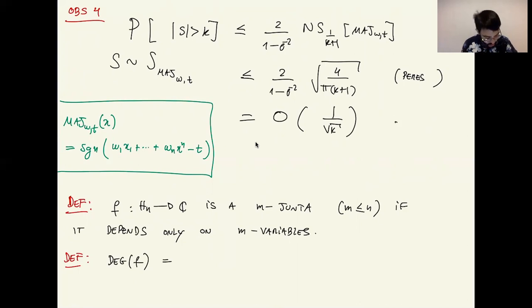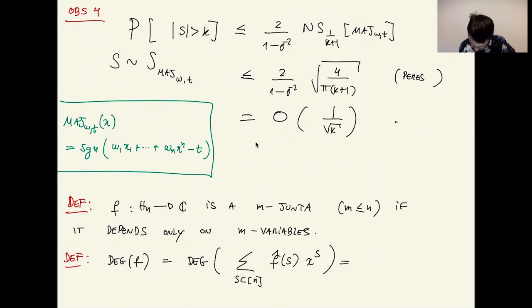So this is the degree of this sum by definition, because we know that f can be expanded in such a way. So that is also the maximum of the size of a set S such that f hat of S is not 0. Okay, another equivalent way of defining the degree of such a function.